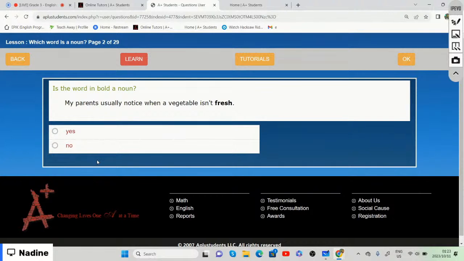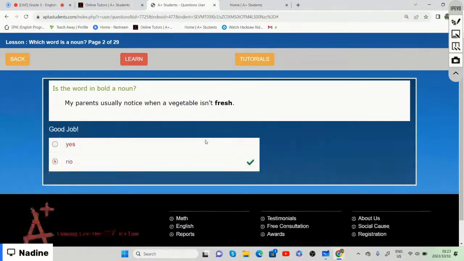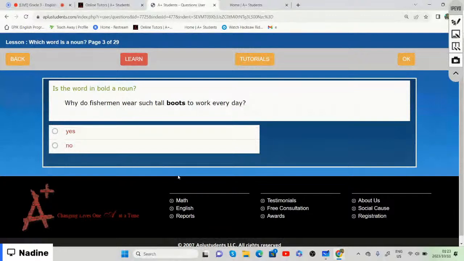All right, so the majority of you are saying no, it is not a noun, and one person says yes, it is a noun. So my parents usually notice when a vegetable isn't fresh. Let's go with the majority that said no. No, it is not a noun. So fresh is not a noun.